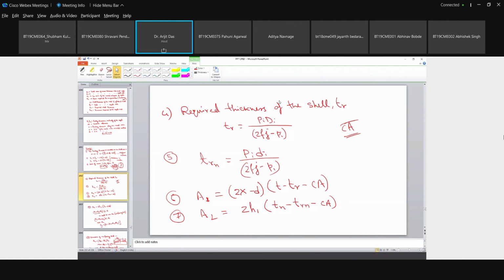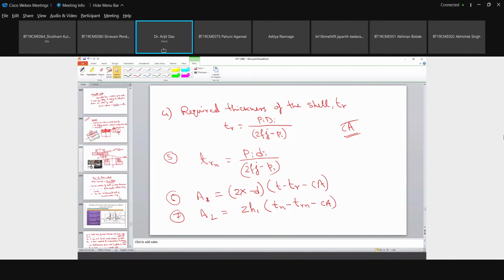And what is TRN? TRN you can also calculate as PDI by 2FJ minus P. Similarly, the thickness, and you have to calculate then A1 and A2.